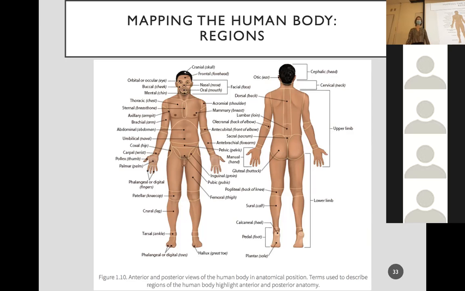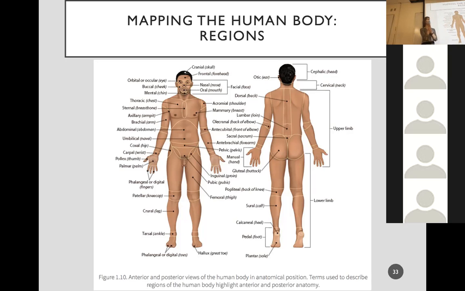So antecubital means the front of the elbow. Some of these root words will hopefully help you, even if you don't remember all of them. And then the antebrachial, like I said, is the forearm. So it's sort of, I guess, in front of or ahead of the brachial part of the arm.